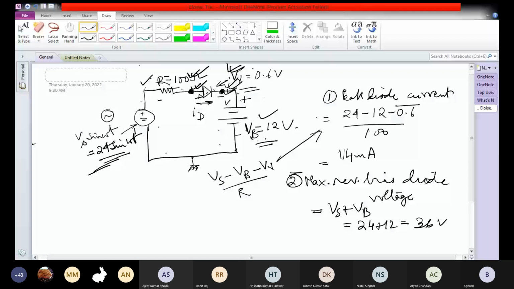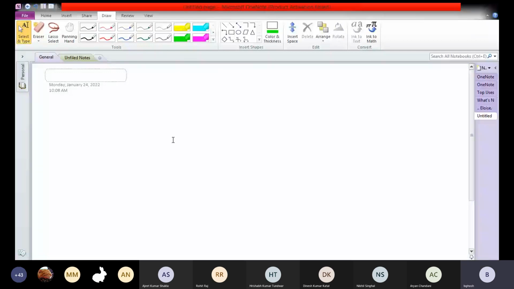Now the diode conduction cycle. We know that the diode is going to be on for half of the cycle and off for half of the cycle. So we have the diode conduction cycle like this.